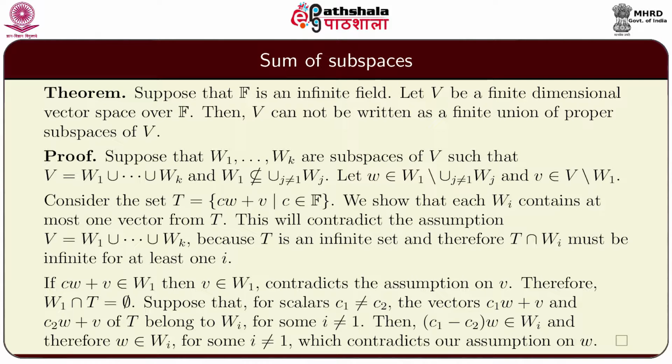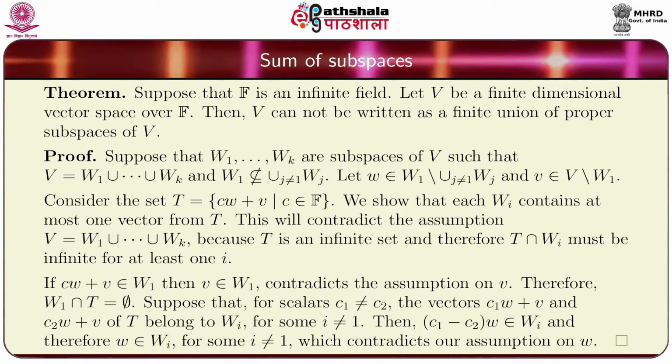And therefore, we can choose a vector w in W1 which is not in the union of the other Wj's. And it is understood that these W1 and so on up to Wk are proper subspaces.